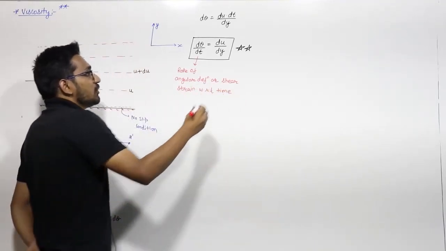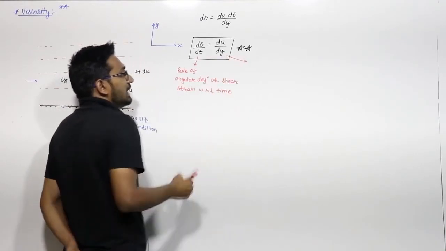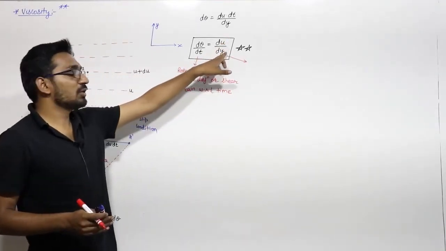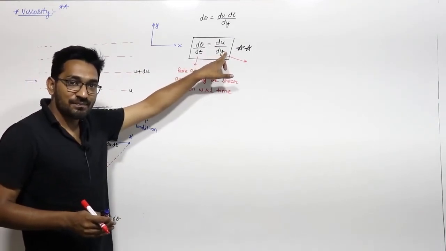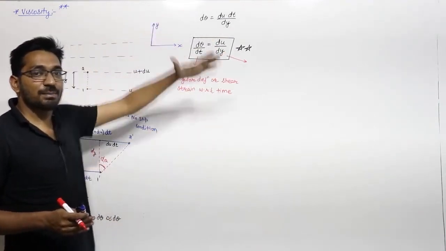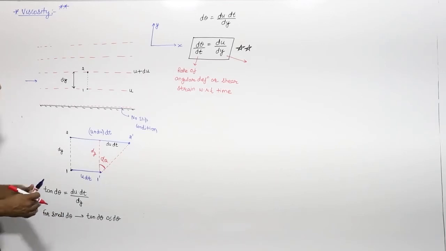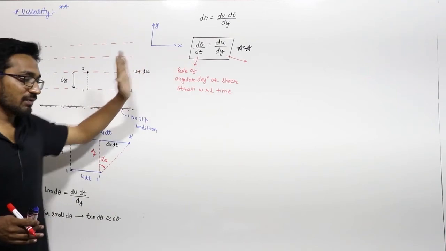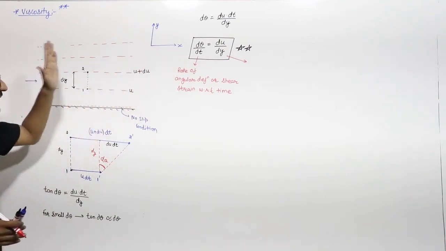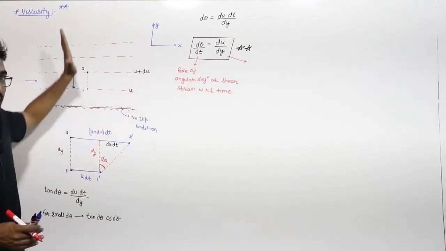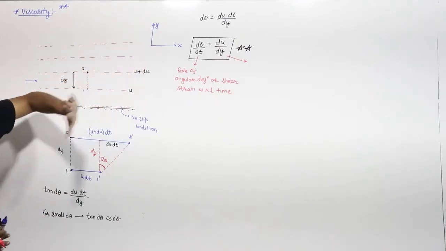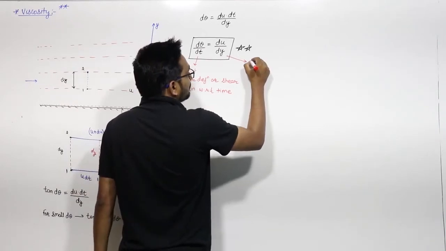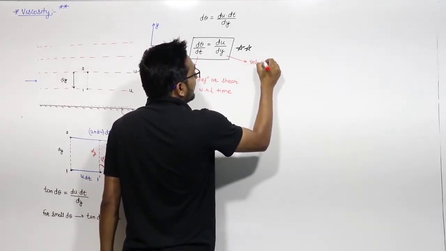And what is this du by dy? Du by dy is the change of velocity with respect to distance y in the direction perpendicular to the direction of flow. The fluid is flowing in the x direction. We are taking the velocity gradient in the direction y. Y is the direction perpendicular to the direction of flow. So du by dy is the velocity gradient.